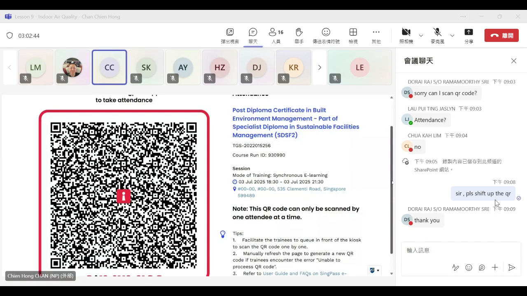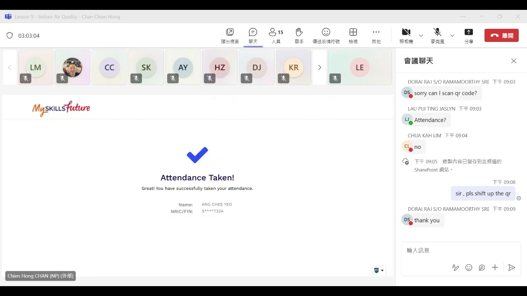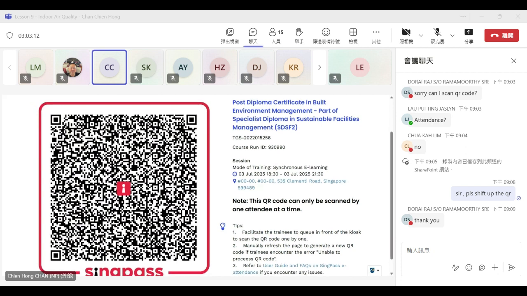Okay, so this QR code is meant for Carlin's and Dick Ming's group, Shatika, Chen Yi. So you take your attendance using this QR code. Mr. Chan, my attendance taken already, right?